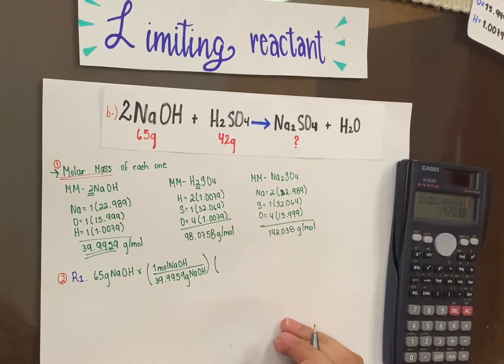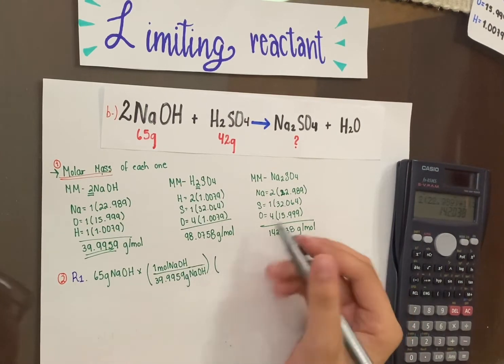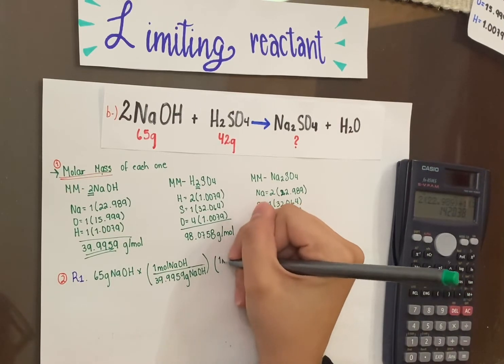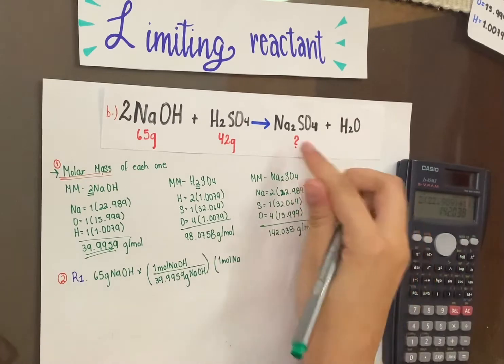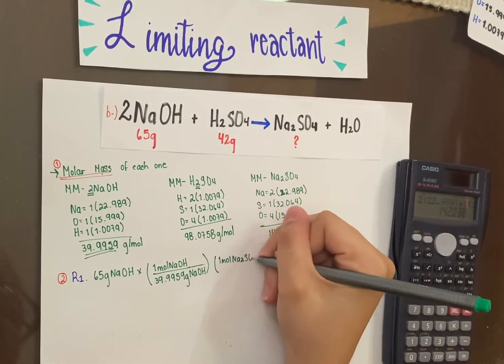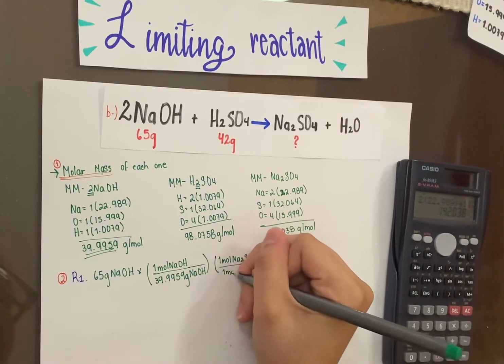And we're going to put here the one that we want to find. So it will be 1 mole of Na2SO4 over 1 mole.